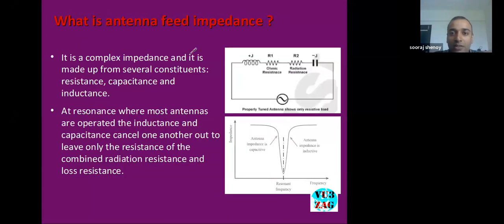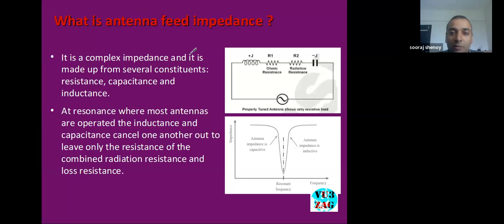Now talking about the antenna. Assuming we are using a normal half-wave dipole, you know that we are just using two wires of quarter wavelength and connecting coax in the middle. In that case, we are not using any loading coils or any capacitance.